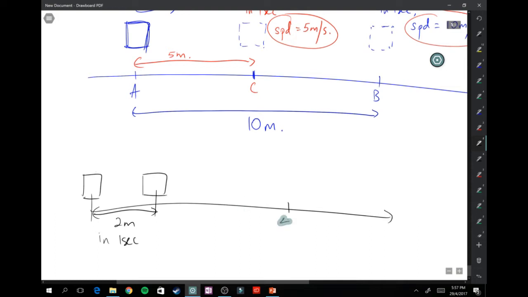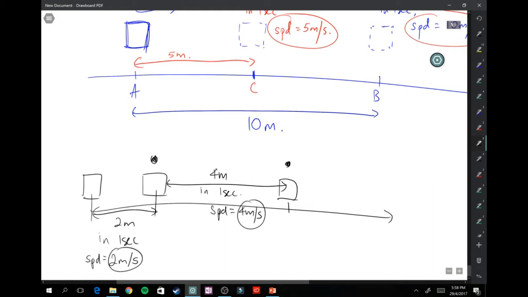It moved from this point here to this point here. Let's assume that this is 4 meters and it is also in 1 second. So you realize that the speed changes. Over here the speed equals 2 meters per second, but over here the speed was 4 meters per second.